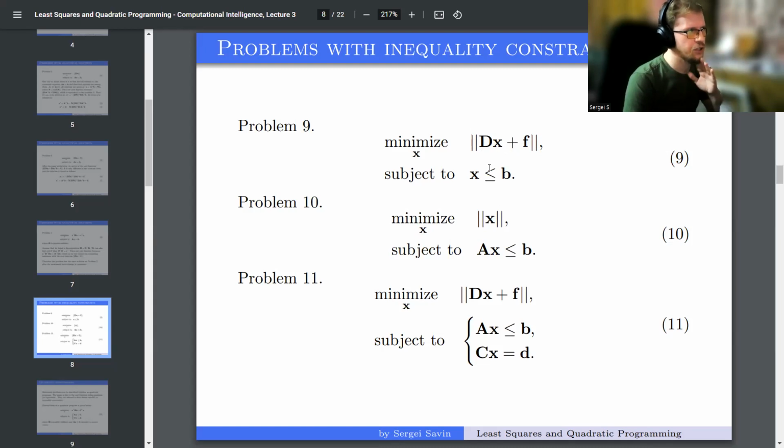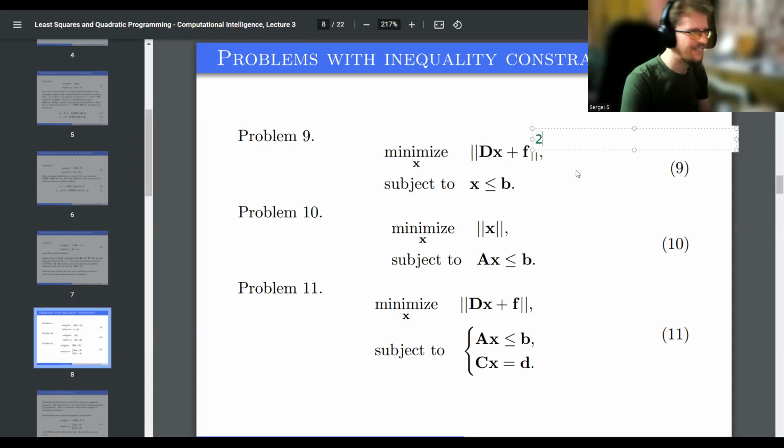So let's not be too rushed. Those might not be QPs because of this. But if we had squares here, then it would all be QPs, and we could solve all of them with quadratic programming.